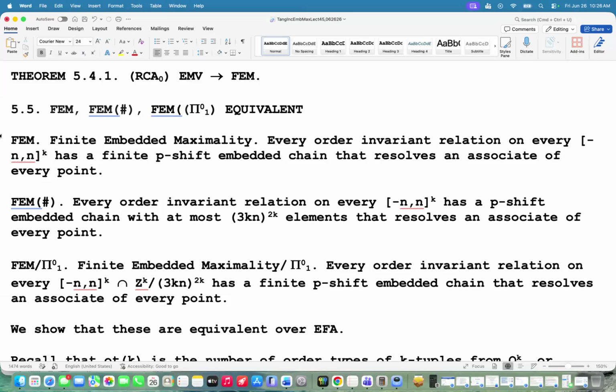And so it's going to preserve p-shift embedded being a chain, and resolving an associate of every point is also going to be preserved. You have to show all this, and that seems to work nicely. I got the same estimate, 3kn to the 2k. This is a bigger quantity because there's another factor of k, but this was so lax and gentle that I could do it just hanging around my office.